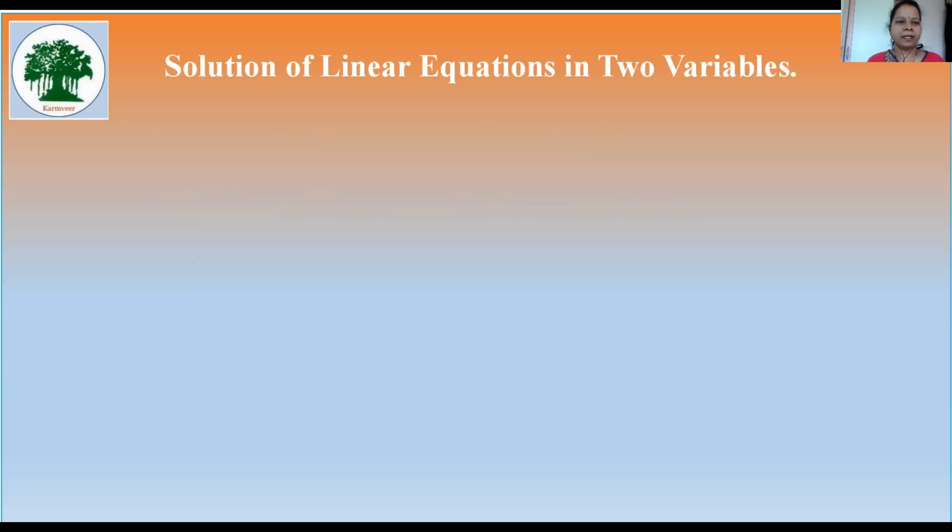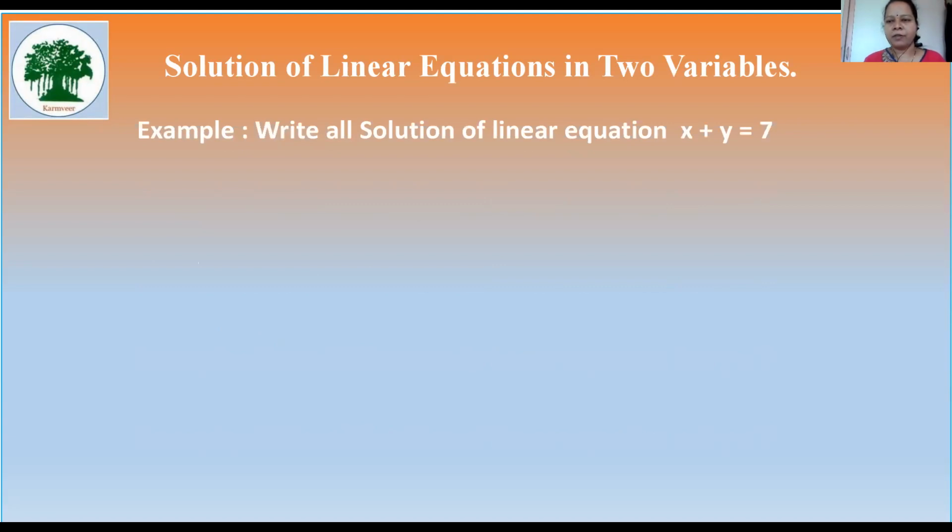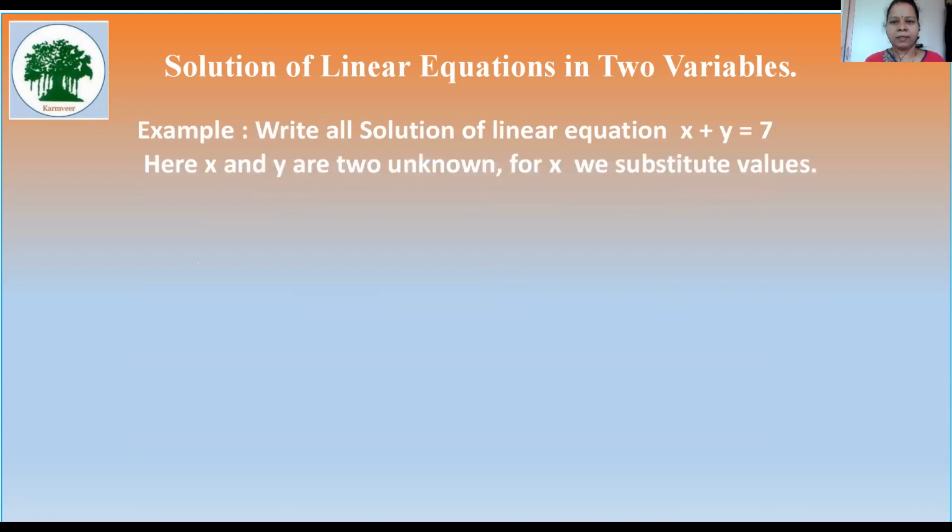For this we take an example. Write all solutions of the linear equation x plus y is equal to 7. Student, we know that here x and y are two variables. That is, we don't know the values of x and y. So we manually consider a value of x and substitute it in the given linear equation to find the value of the second variable.